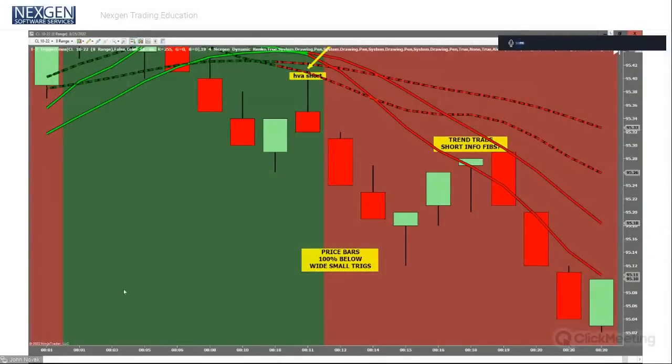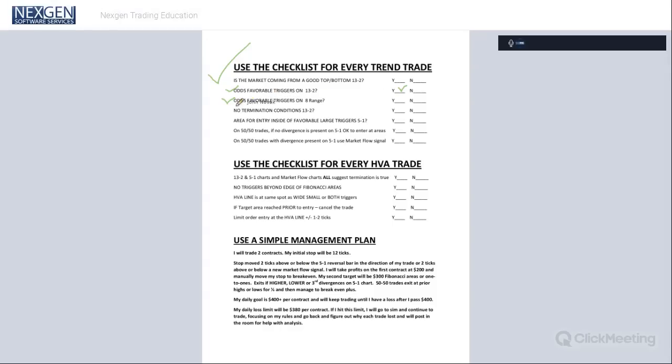I think that's a pretty damn favorable look. What do you guys say? Tie goes to take a short. So that's all I mean when I say, do you have odds favorable triggers on the 8 range?